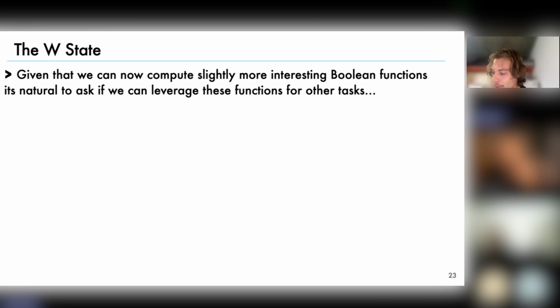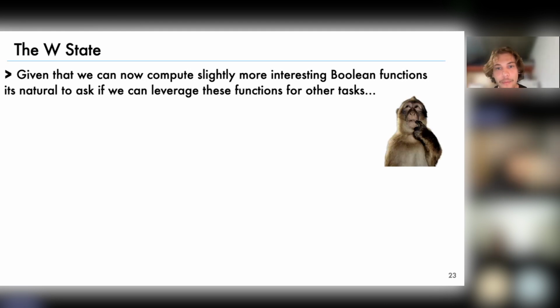The whole thing with this precise amplitude amplification procedure was that we were able to use some Boolean function to flag or tag an interesting state, and then amplify from there. But now we have more functions at our disposal, so perhaps one may get the idea to apply this again with these new functions.